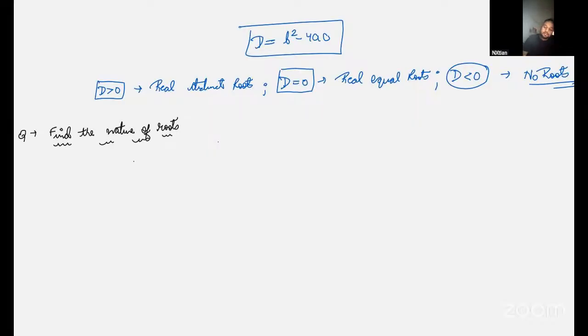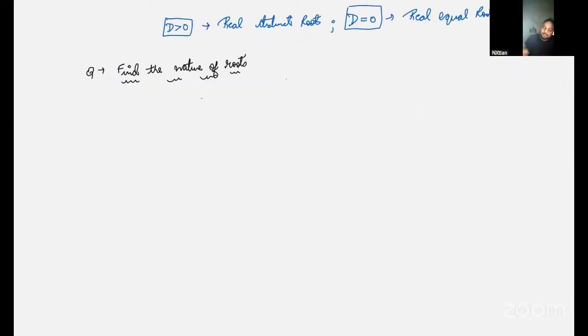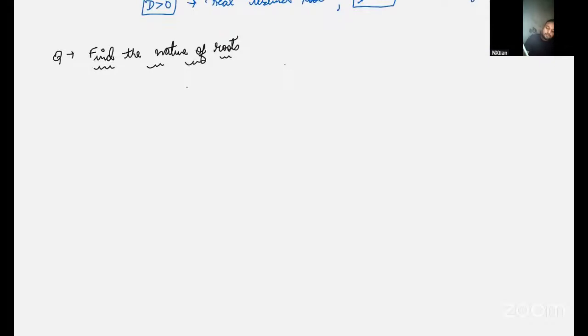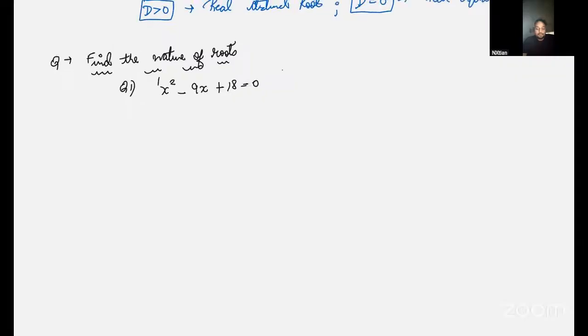Okay, good. So now we will solve this. For example, I will write the equation x square minus 9x plus 18 is equal to 0.